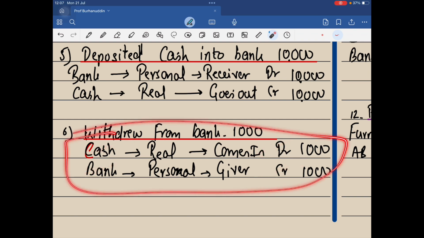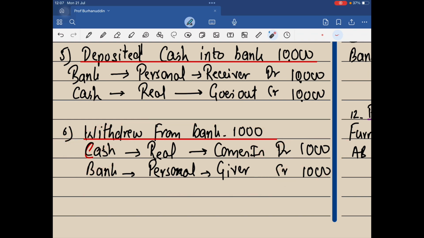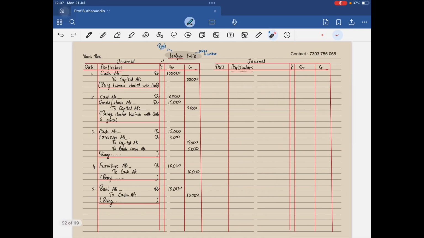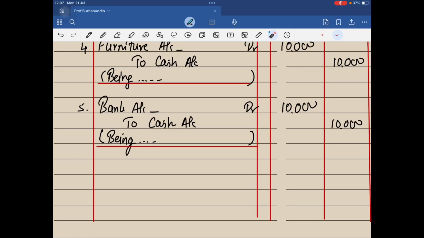Here it is. This is the transaction. So cash account debit and bank account credit. So Prakash, do you understand this?